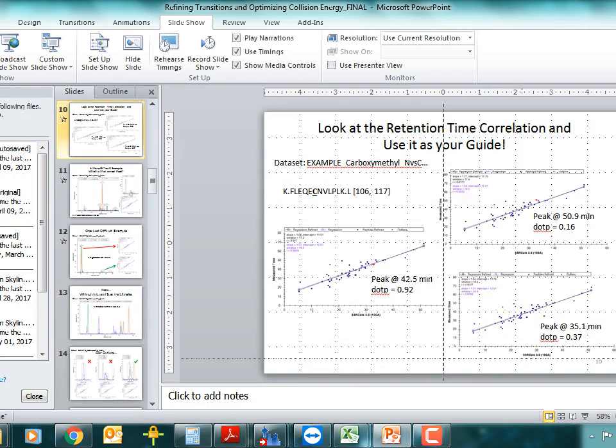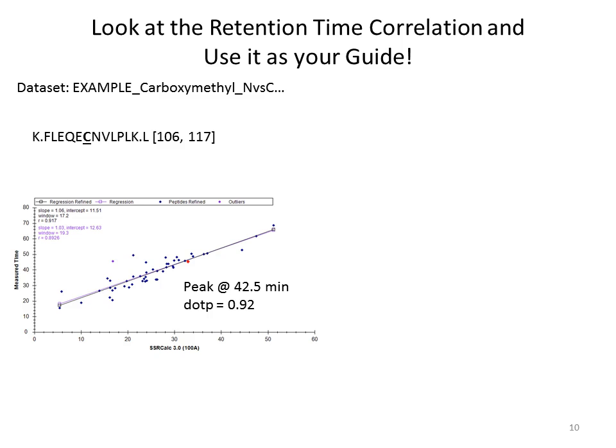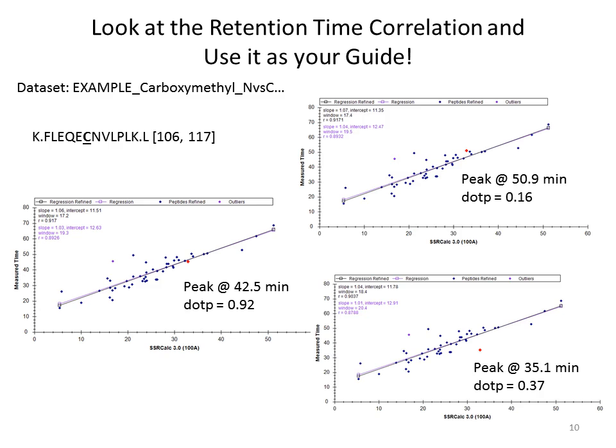So for this FLEQ peptide, this is the peak that Skyline picked, and that's the one that has a really nice dot product. And what's nice about it is it's really close to our regression from the data, and the other two are not so good. So not only does it have a lower dot product, but it's a little bit higher than the line, which is not that different from a bunch of other peaks, but it's not as good as this one with a nice dot product.